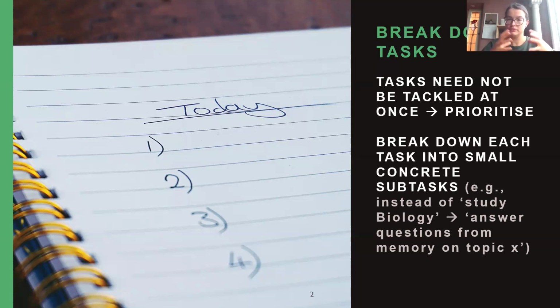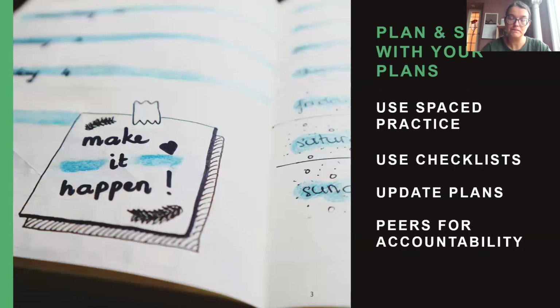So instead of saying, I'm going to take those 2-3 hours to study biology, my task will be answer questions from memory on topic X. So make that task more digestible and break it down into even more concrete steps. It is something that can really help them and make the entire process less daunting as well.